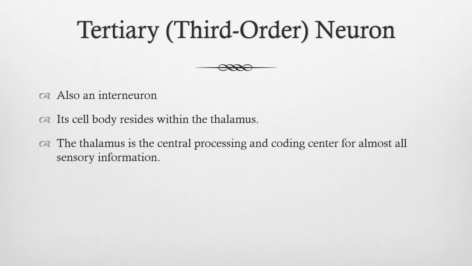This third order neuron sends its information from the thalamus, where its cell body is, up towards the cortex, where we process all of the sensory information. Depending upon what kind of sensory information it is dictates which part of the cortex it ends up going to.